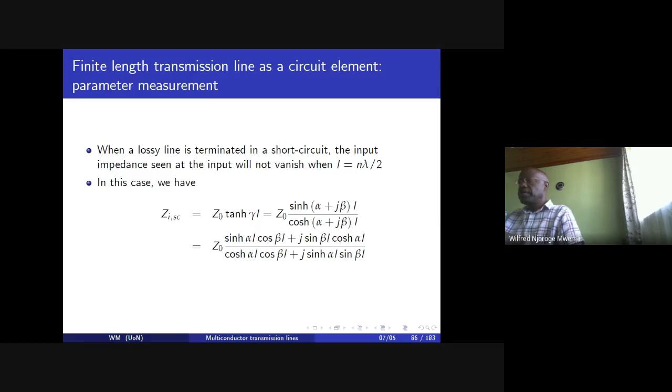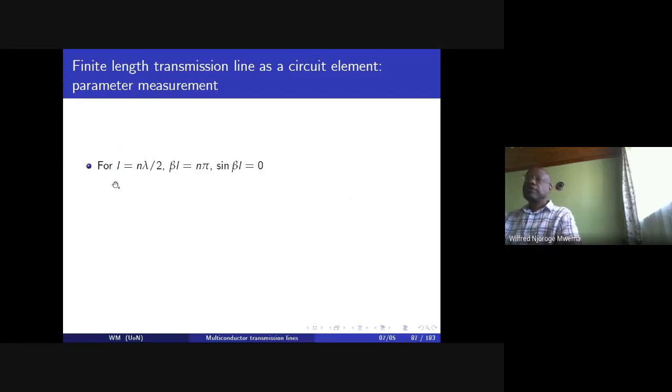When we expand the hyperbolic tangent, we get a value that is shown there: hyperbolic sine of alpha L cos beta L plus j sine beta L hyperbolic cosine of alpha L, divided by the same, so to speak.